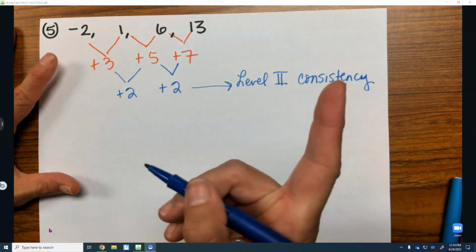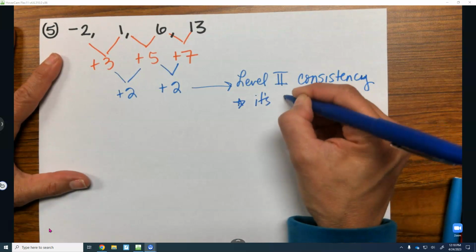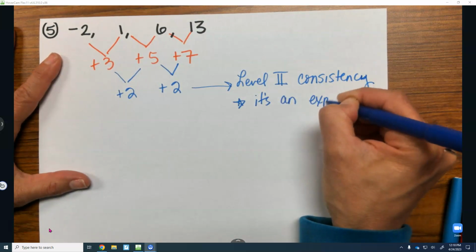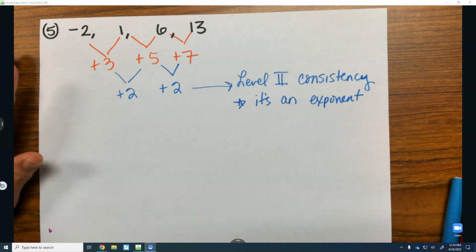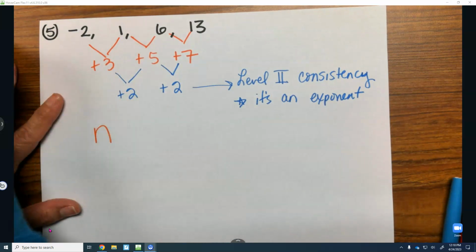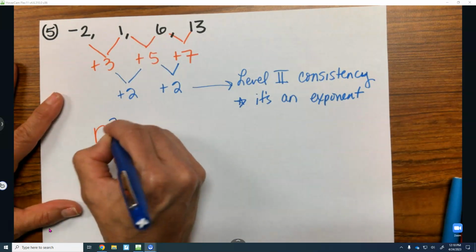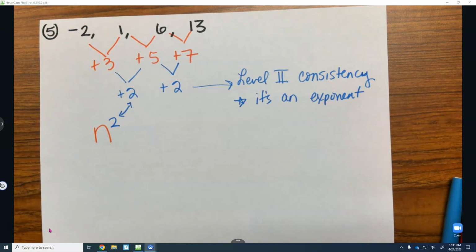When you have a level 2 consistency, it's an exponent. So here, n is going to have an exponent of 2. And then the process is the same.